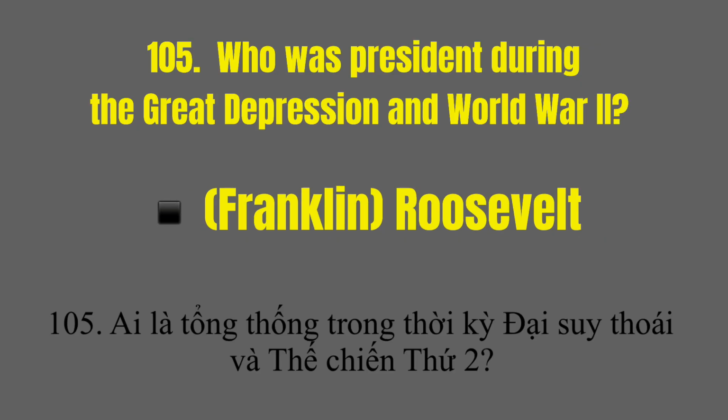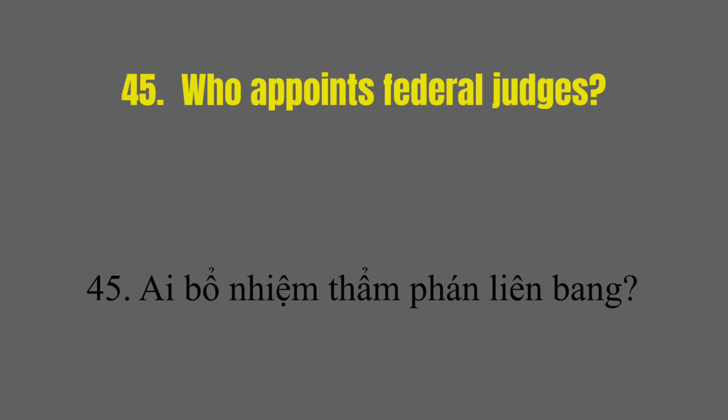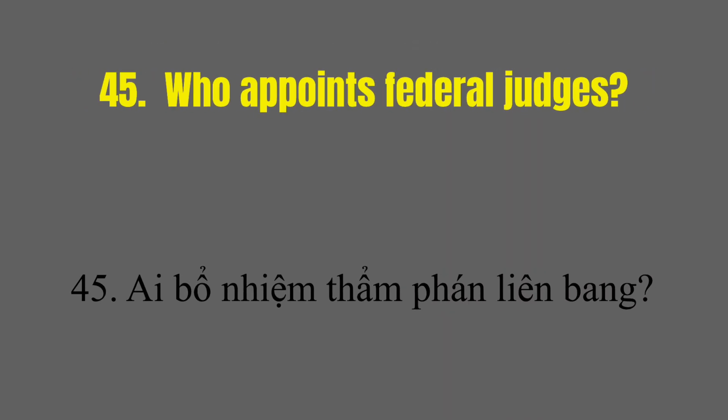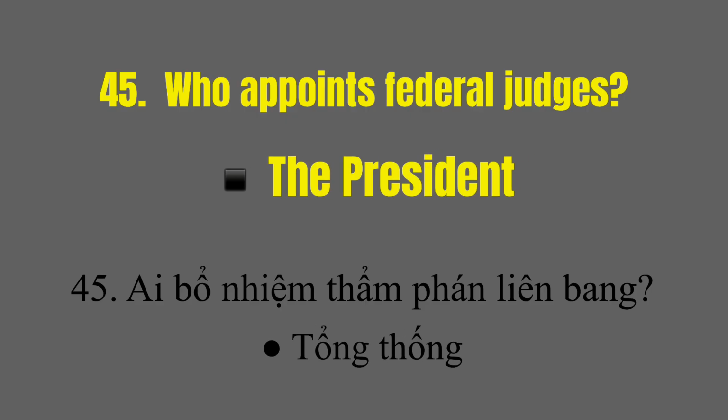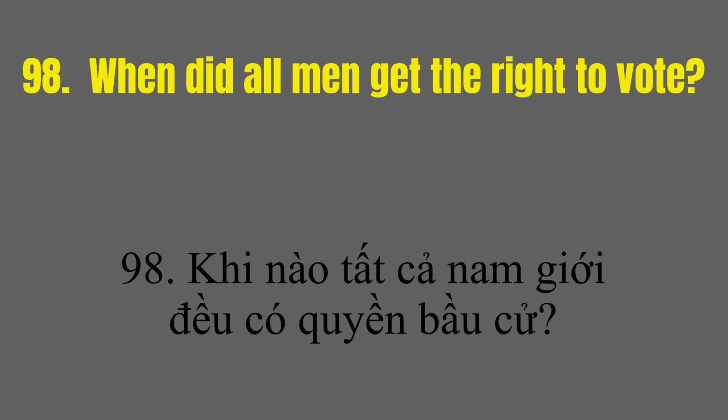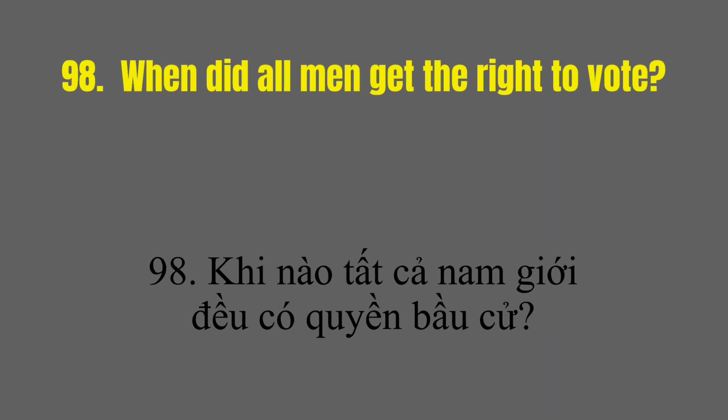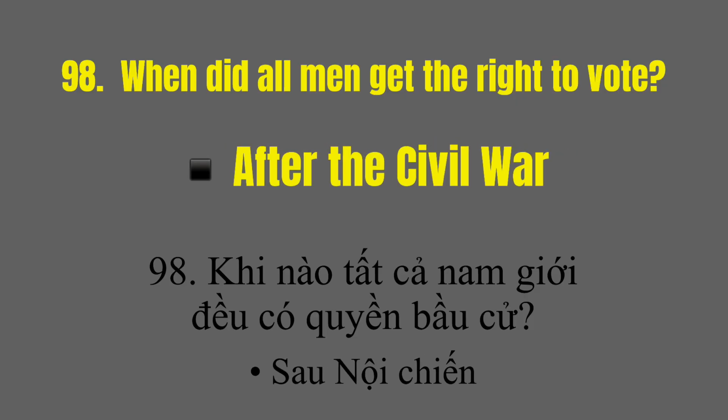Franklin Roosevelt. Who appoints federal judges? The President. When did all men get the right to vote? After the Civil War.